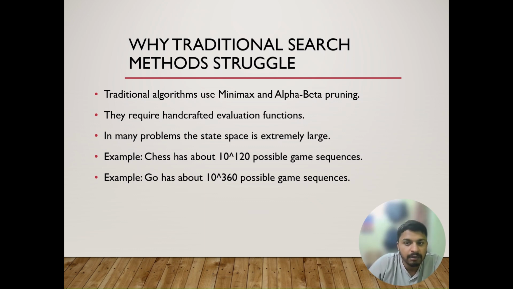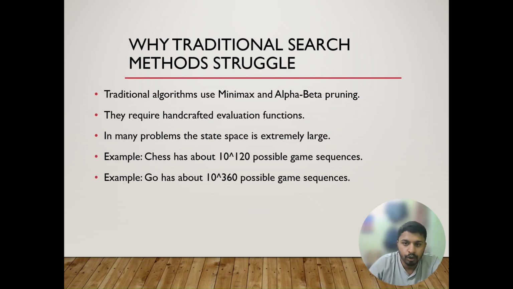First, the game tree can grow so large that even with pruning, it becomes impossible to explore enough of the branches of the tree. Second, these algorithms rely heavily on the evaluation function, which is sometimes very challenging to craft for problems having a large branching factor.